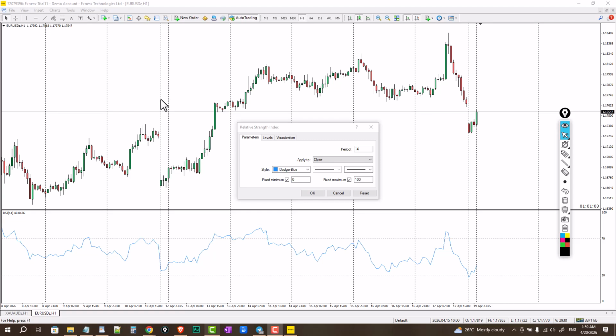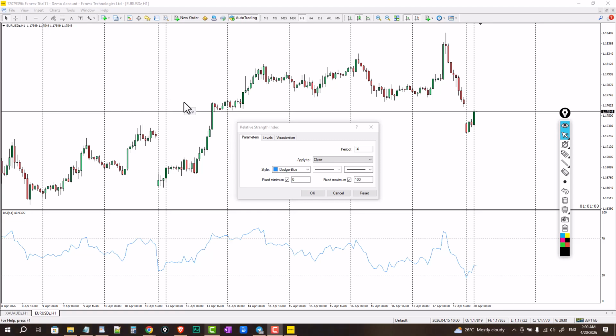For the overbought reading, you would want to see the RSI indicator go above the 70 level. If this blue line goes above the 70 area, then price is overbought and it's likely to start moving lower.